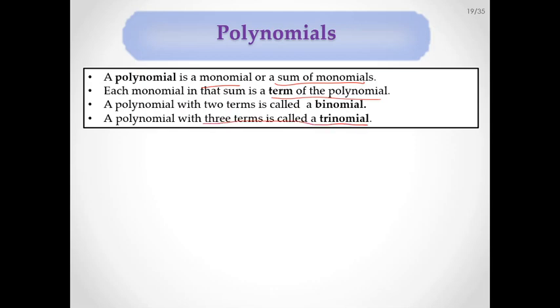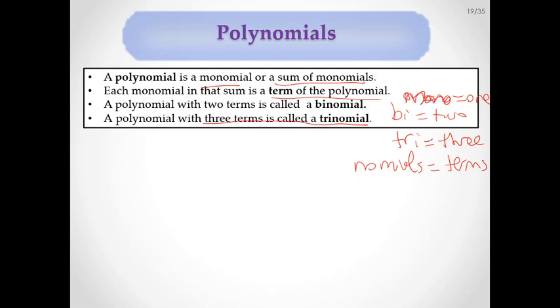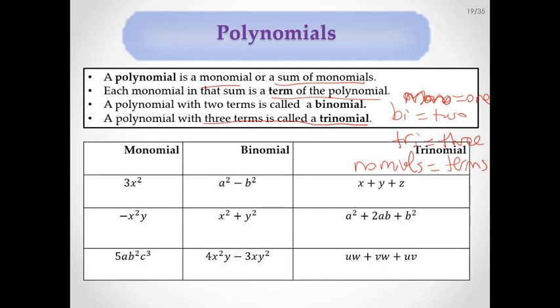So you have only one term in the monomial: mono, 1; bi, 2; and tri, 3 terms. So when you say monomial, it means one term. Binomials, 2 terms. Trinomials, 3 terms.